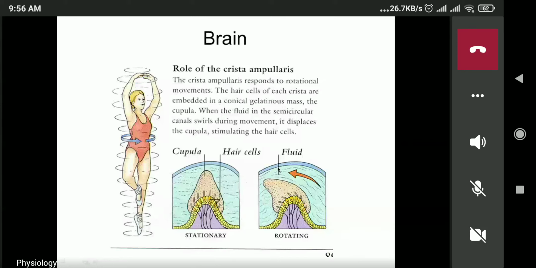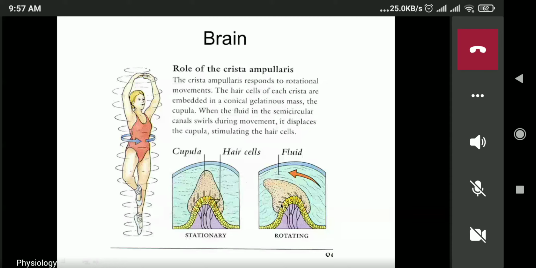In any case, the cupula of the crista moves, and here are the hair cells. So the hairs are moved, and the equilibrium system gets information on how the body has to be equilibrated, right? So this is the role of the crista ampullaris. In the ampulla, the crista is there, and the hair cells are there, right?